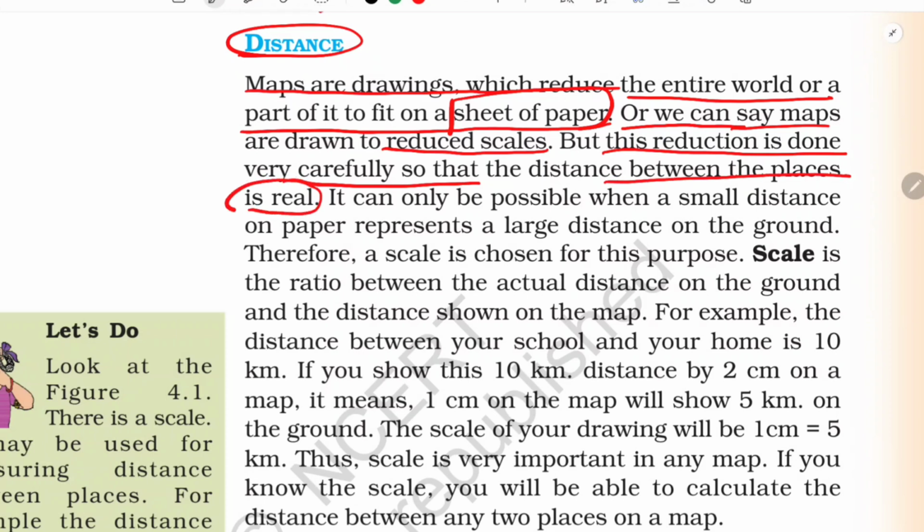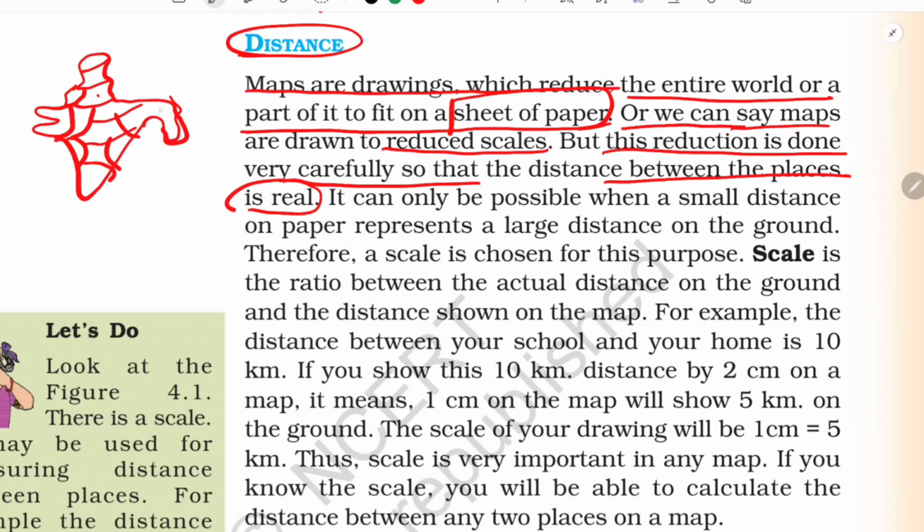So suppose this is the map of India, let us say. I am not good in drawing, so let us just scale it. Here we have different states, isn't it? Different boundaries are here. So many states are there. The distance from one state to another state, this scaling is done very carefully.